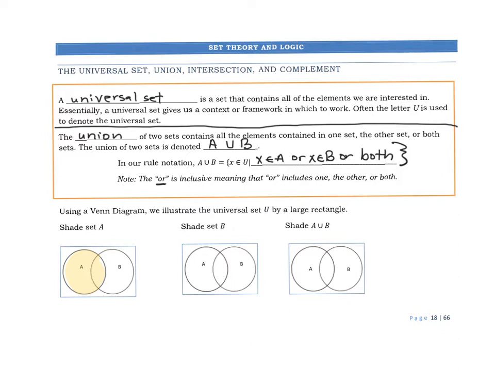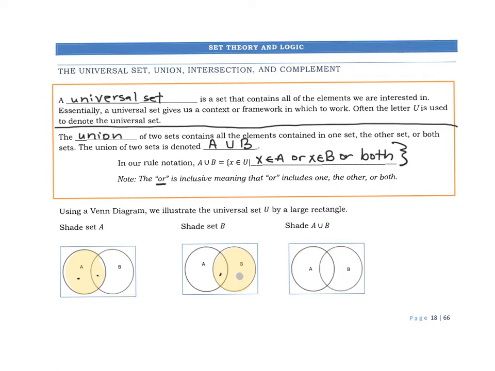So please note that this part of A does not include anything in set B. This part of A also has some elements in set B. All right, next let's look at set B. This is all of this entire circle. So like I just got through saying, elements in this part would be elements that were only in set B. Elements in this part right here would be in set B, but they're also in set A.